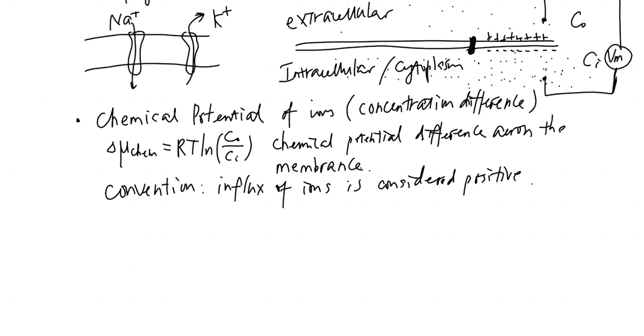Now we have the second contribution. The electrical potential of an ion is mu electric equals minus Z F Vm.